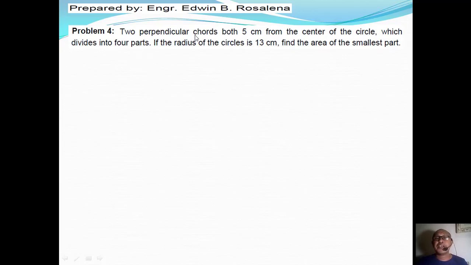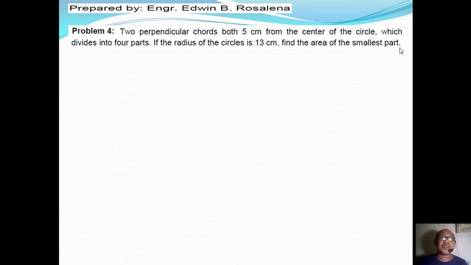Meaning, the circle is divided into 4 parts by the two perpendicular chords. If the radius of the circle is 13 centimeters, find the area of the smallest part.